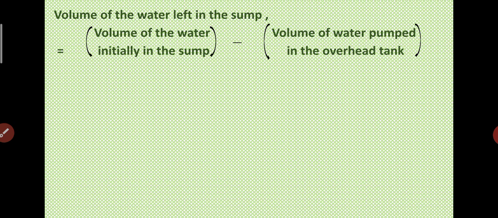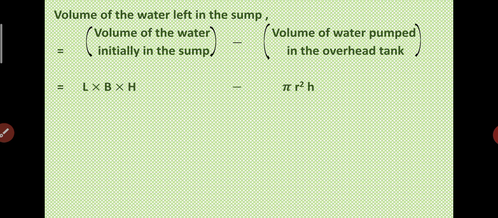You have to first find out the volume of the water initially in the sump. Initially means beginning. From that we want to subtract the water which was pumped into the overhead tank. If you subtract that volume, you will get the remaining volume of the water that is left in the sump. Am I correct, children?